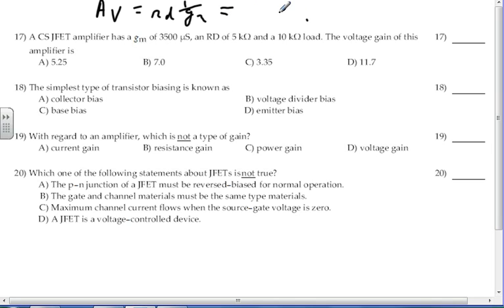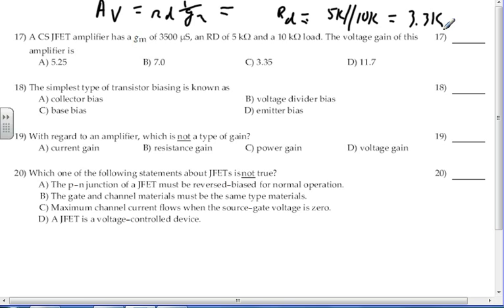And RD is 5K in parallel with 10K. Okay, so 5K, so this is 3.3K.